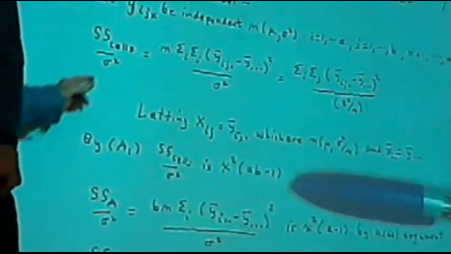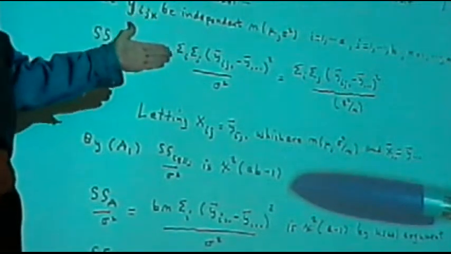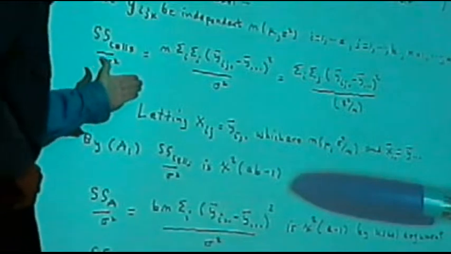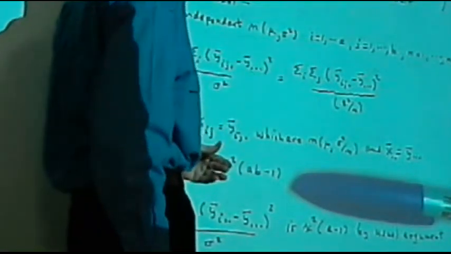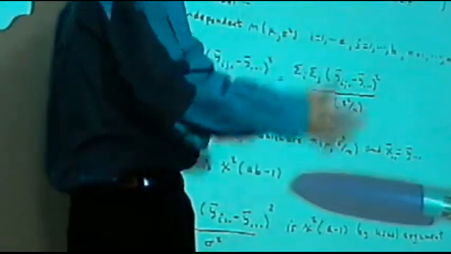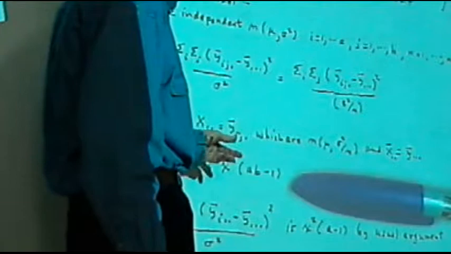So what I'm trying to do is to say, how do I show that this kind of thing has a chi-square distribution? So I write it in a certain way, and I say, well, when I visualize what I have here, and I introduce some different symbols just to clear the air a little bit, let xij be that, then x bar double dot is that, and this denominator is the right thing for that.